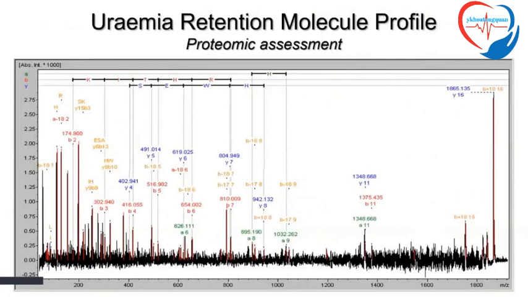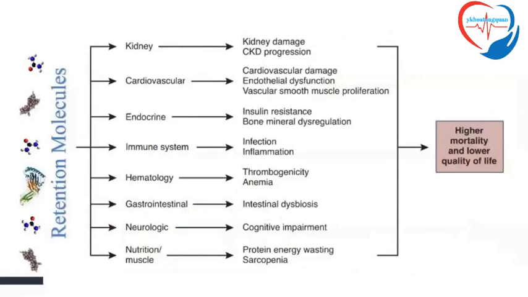This is a typical uremia retention molecule profile done by proteomic assessment, where you see several different peaks of substances that indeed correspond to retention molecules that are normally affecting several different organs, at the end causing high mortality and poor quality of life.